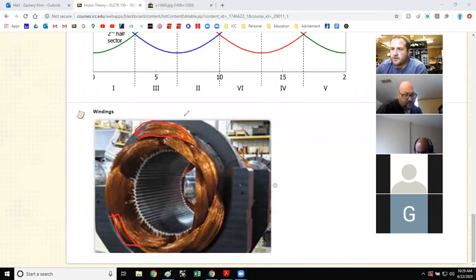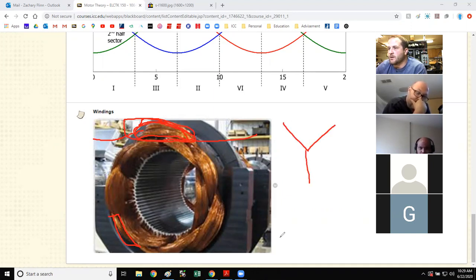It doesn't look like a Y or delta just looking at this picture, but this winding is just a copper wire wrapped around and around and around, and then there's two ends sticking out, right? So where those windings are configured in this motor, the arrangement of them is either going to be in a Y or a delta.